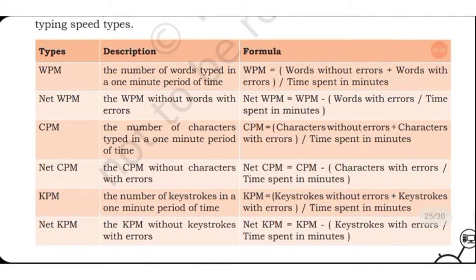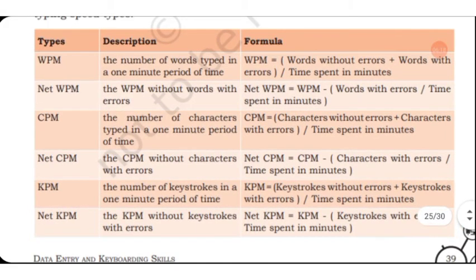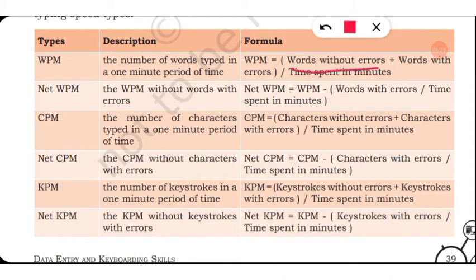The different types of speed are WPM, that is words per minute. The number of words typed in 1 minute is the words per minute. It is calculated as WPM is equal to words without errors plus words with errors, by time spent in minutes.